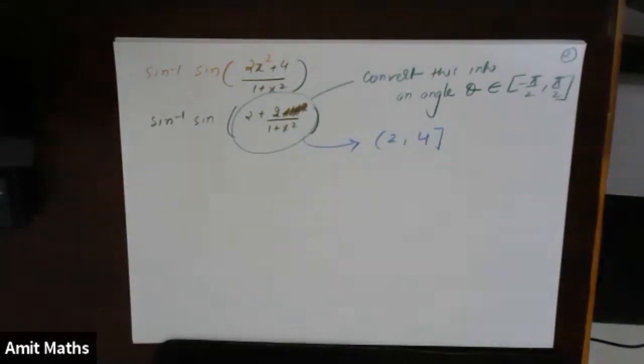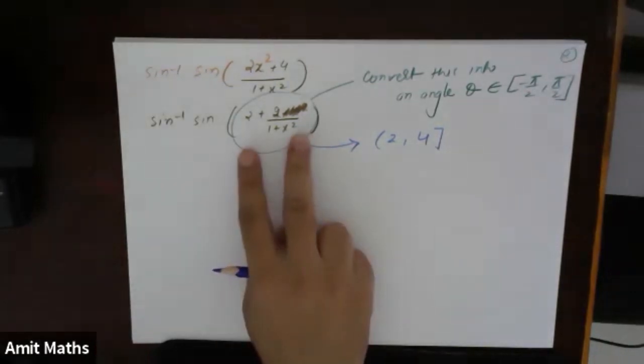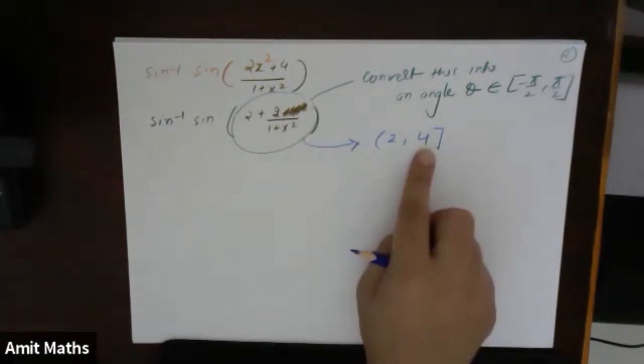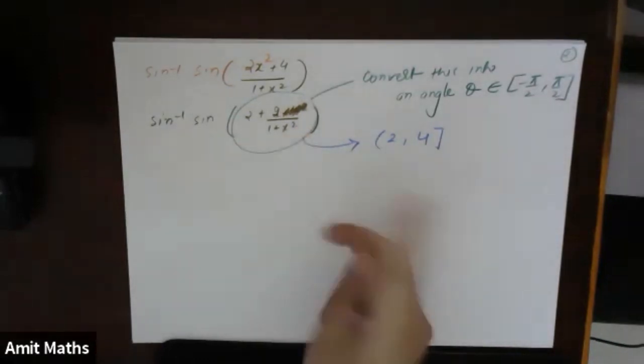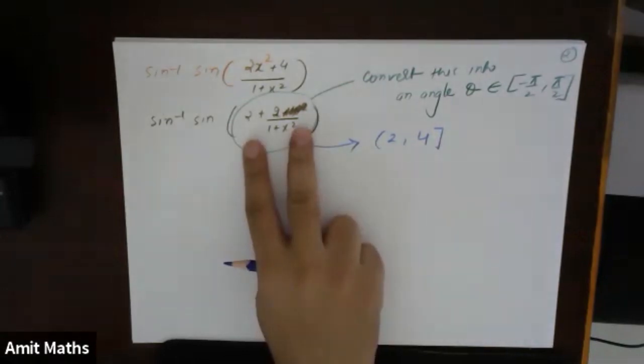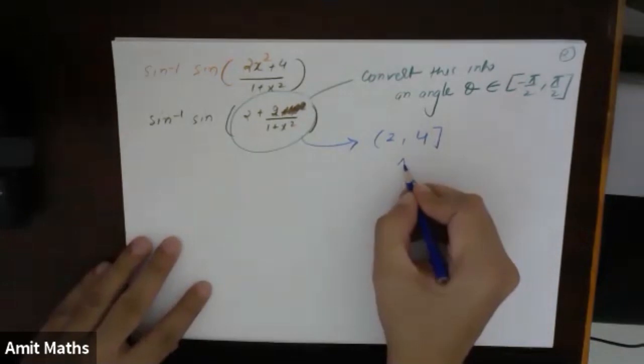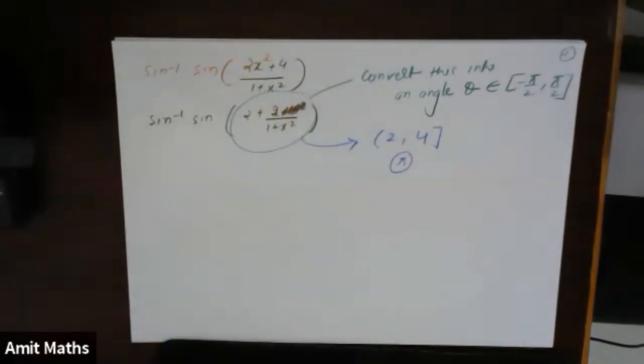Now what I can do is, this angle whatever is inside, suppose this is phi, and phi is between 2 to 4. So this phi is around which angle? This phi is around pi.